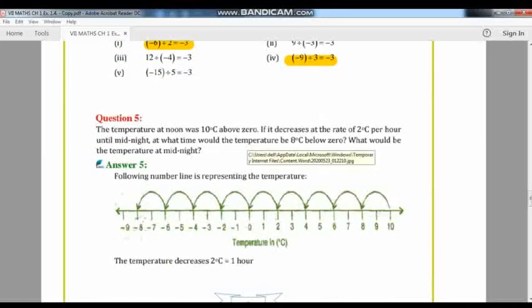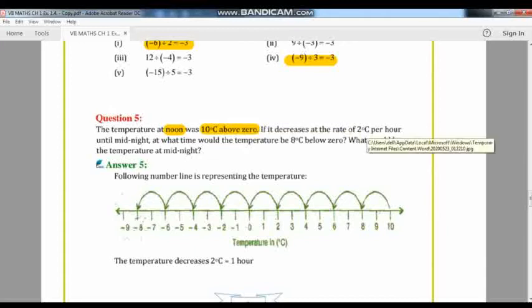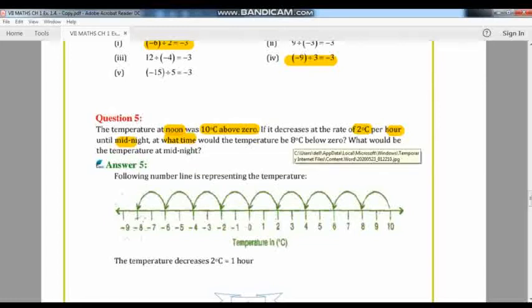In question number 5, it is said that at noon, the temperature of a room was 10 degrees above 0. We all know it is positive, so it will be above 0. Now this temperature was getting decreased 2 degrees every hour until midnight. Clear? And we have to find out at what time the temperature will reach 8 degrees Celsius below 0.